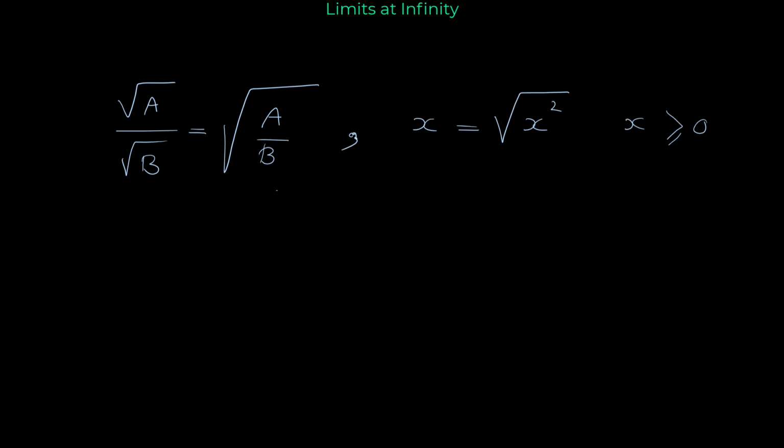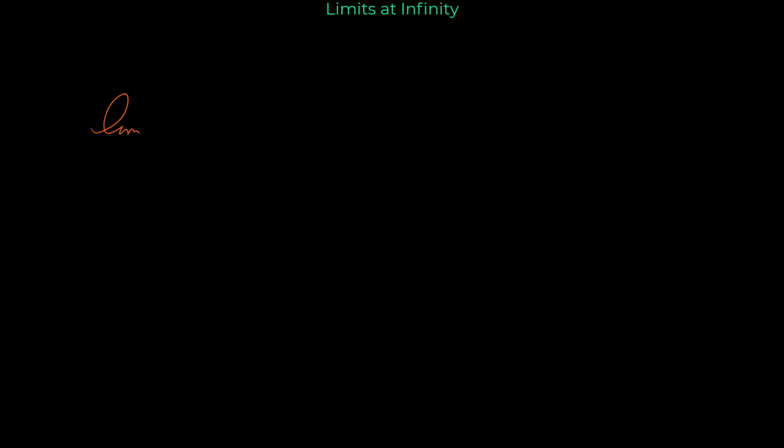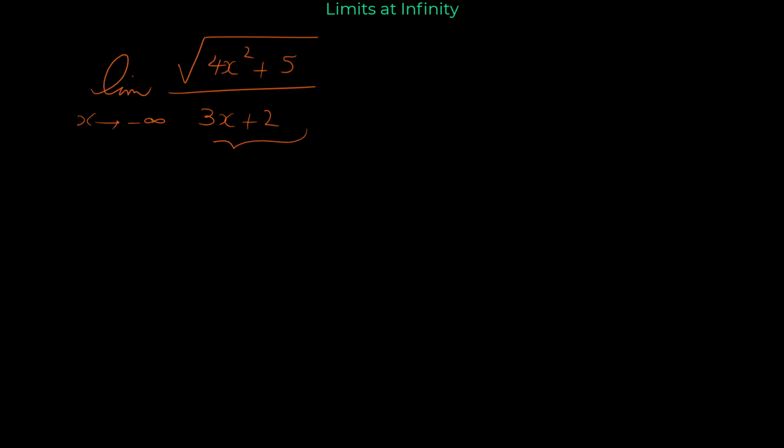Now look at this example. What is the limit of the square root of 4x to the 2 plus 5 over 3x plus 2 if x approaches negative infinity? Here we have the same expression, but x approaches negative infinity. The process of finding this limit is similar to when x approaches infinity, but there is a little difference, and it's really important.